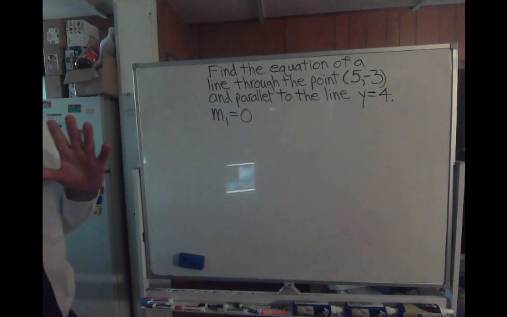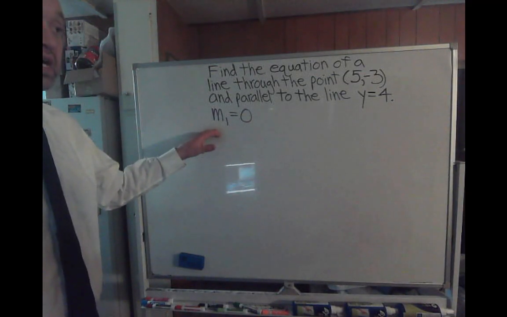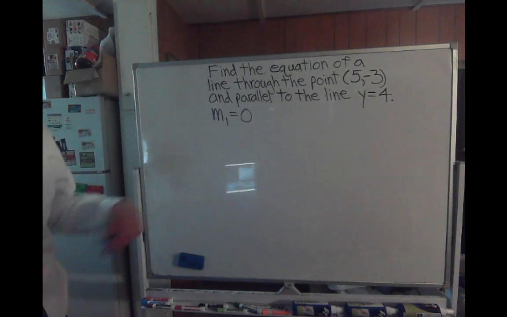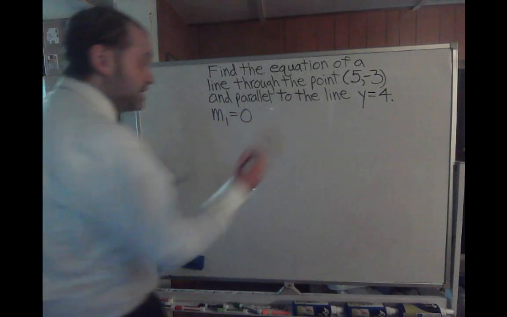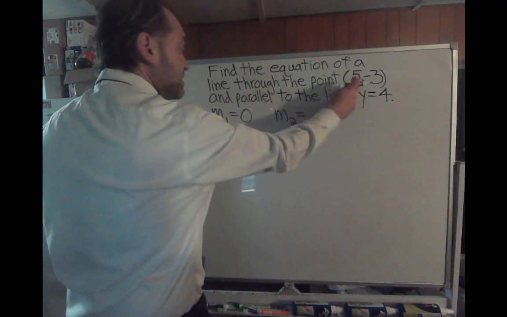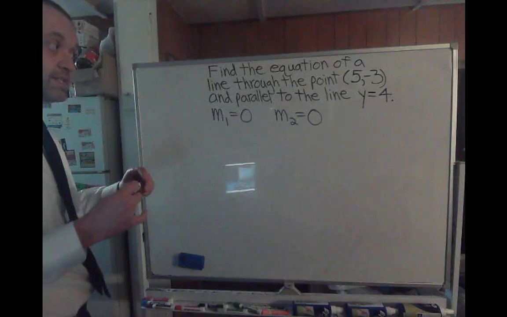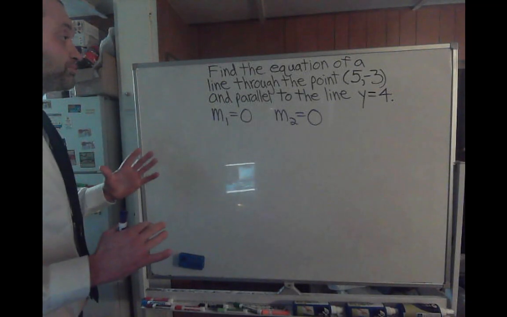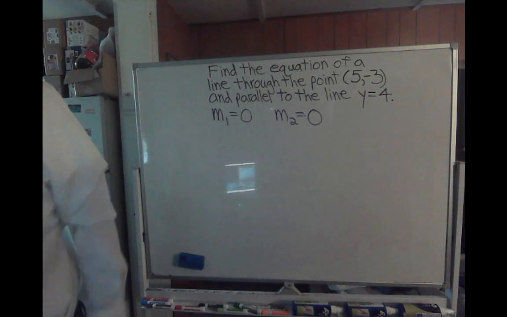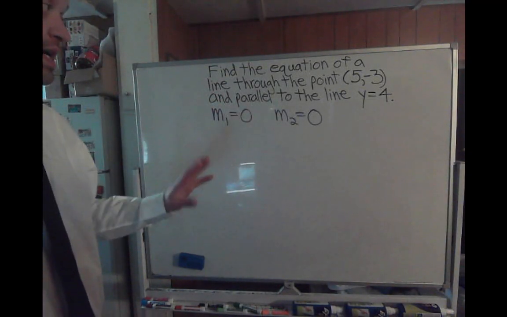If you're going to have a parallel line to this line, that means the slope of the second line has to be the exact same as the slope of the first line. So the slope of the line passing through (5, -3) would also have to be 0. Now let's go to the equation of the line.